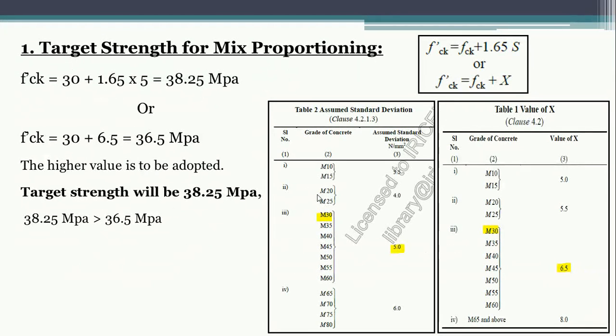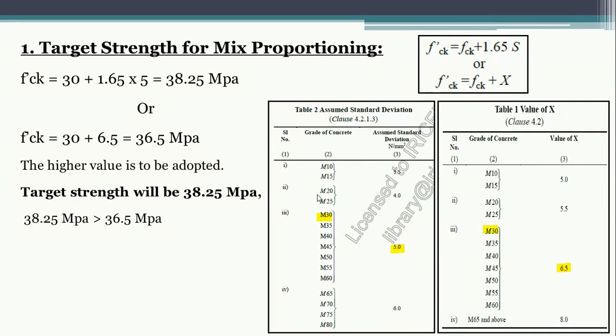So directly we'll jump on to the first step, target mix proportioning. We are doing all this as in the previous three problems. So f dash ck is equal to fck plus 1.65 times standard deviation. The characteristic strength is given as 30 Newton per mm square. Assume standard deviation for M30 is 5. If you calculate, you will get 38.25.